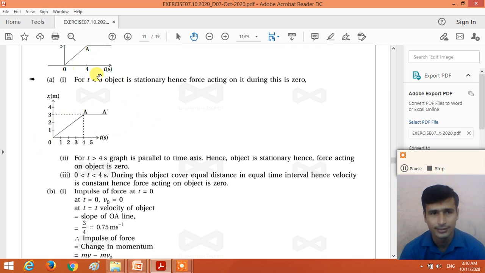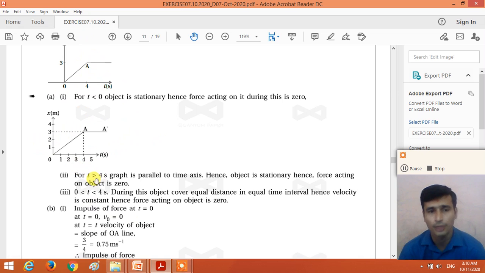Now second, from the position-time graph, for time t greater than 4 seconds, the graph is parallel to the time axis. When the position-time graph is parallel to the time axis, we can say that the object is stationary.